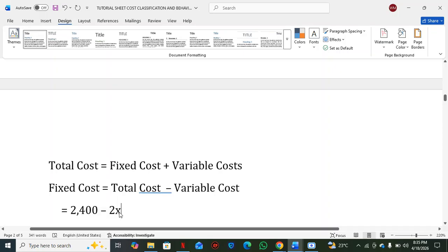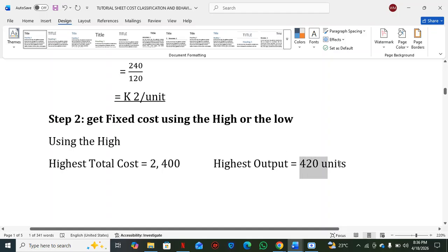Since we said we're using the high, use the highest total cost and the highest output. So we're going to substitute x with the highest output of 420 units.